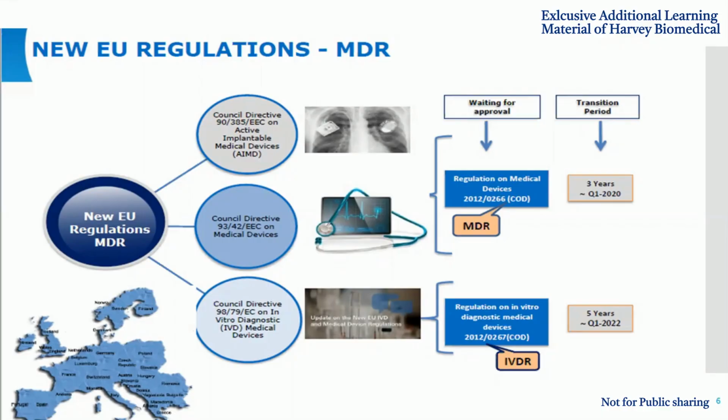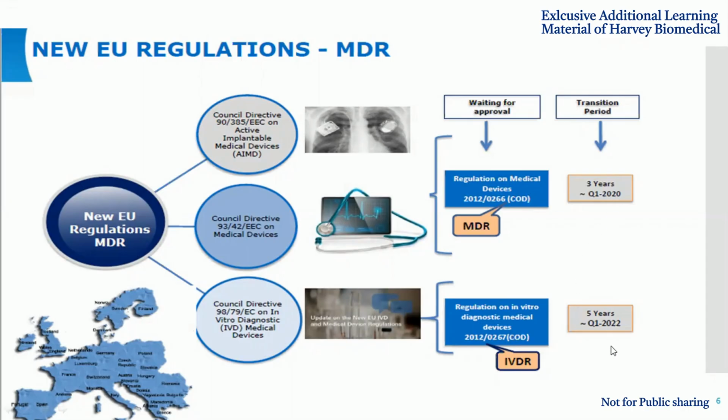Now after May 26, 2021, no MDD applications are accepted. The AIMD and 93/42 applications will not be accepted by any notified body. Only MDR applications will be accepted after May 26, 2021.